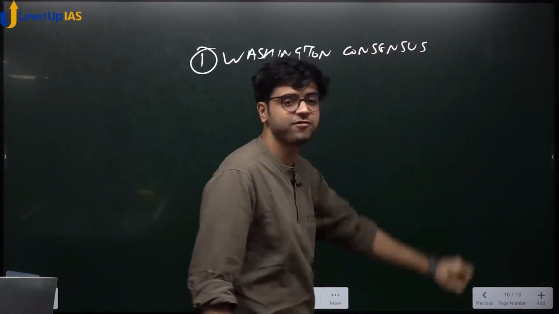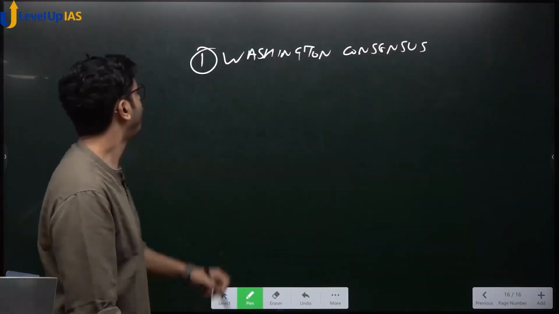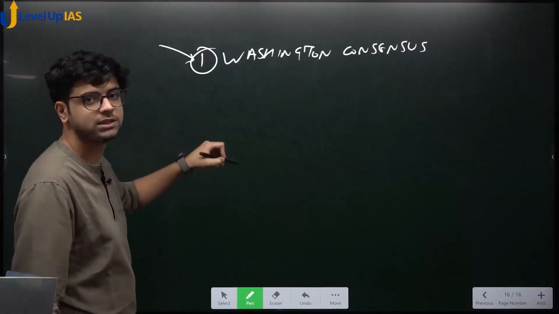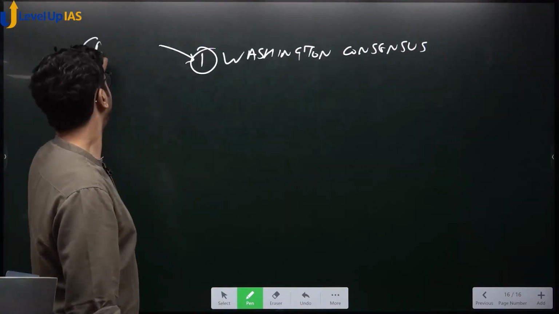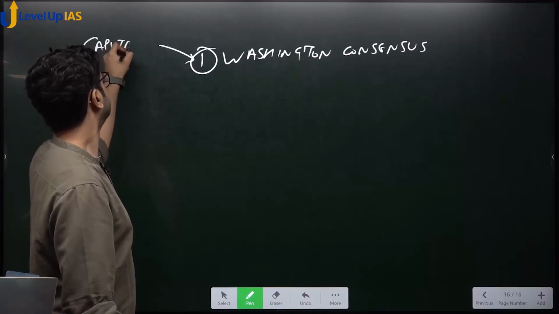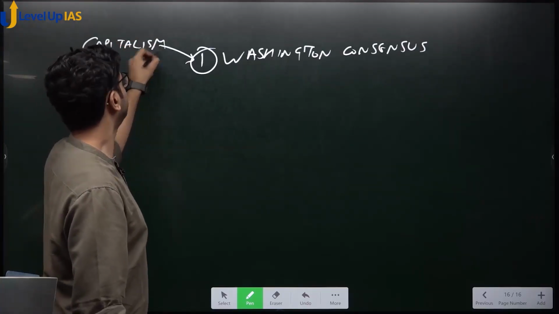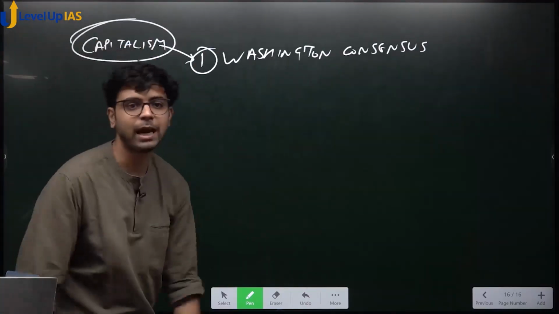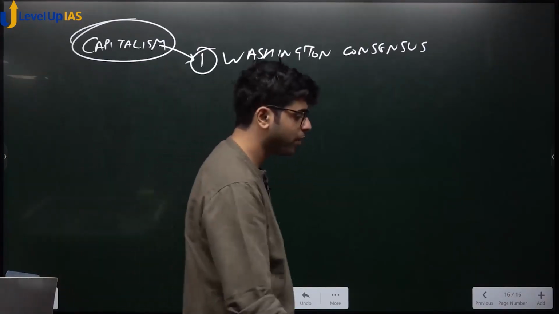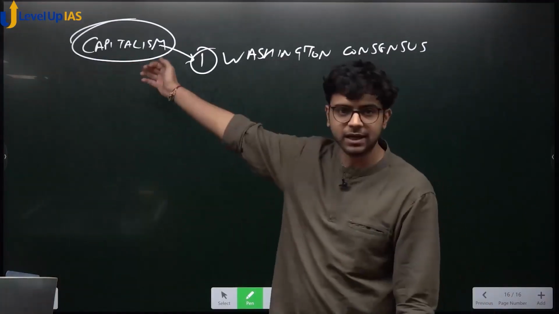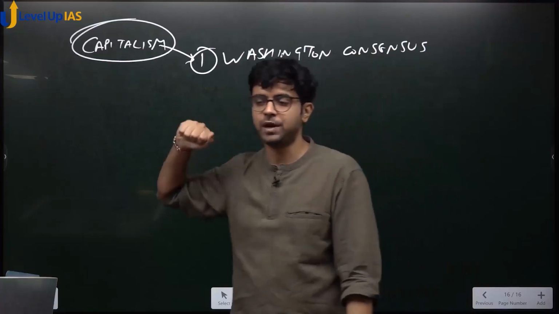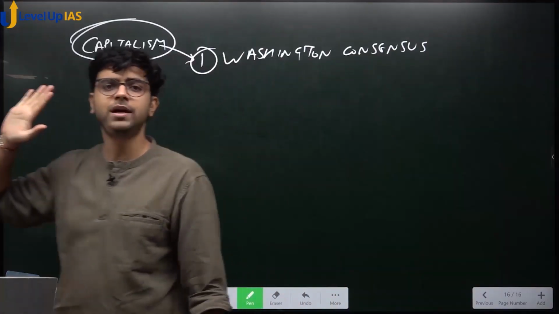And this gave rise to what we today know as capitalism. Let the industries do the job, no government intervention, capitalism. And I am not talking about the political philosophy of capitalism, I am talking about the economic philosophy of capitalism, which means no government intervention.